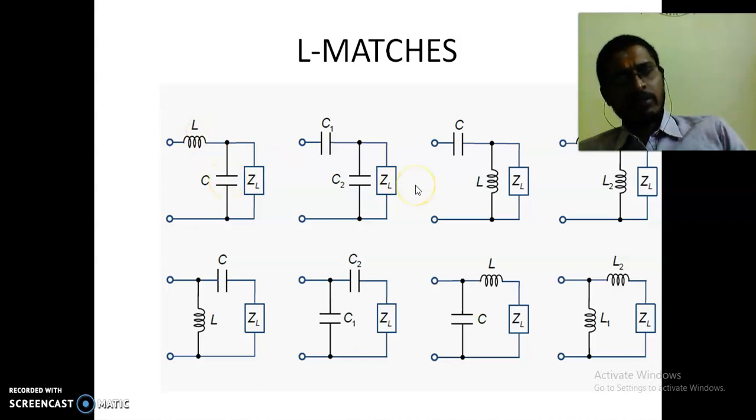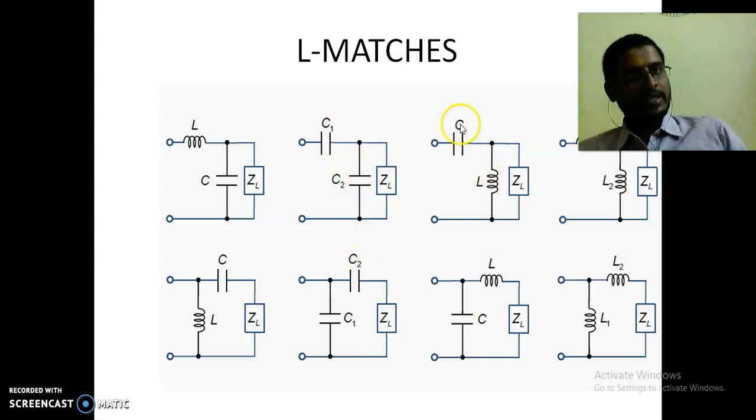There are different types of L match networks. Here, series inductance, shunt capacitor. Here the opposite: shunt inductance, series capacitor. Here series and parallel are both capacitors.